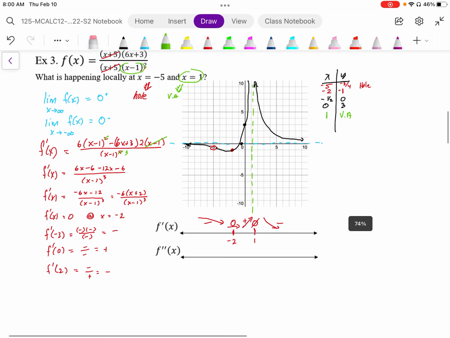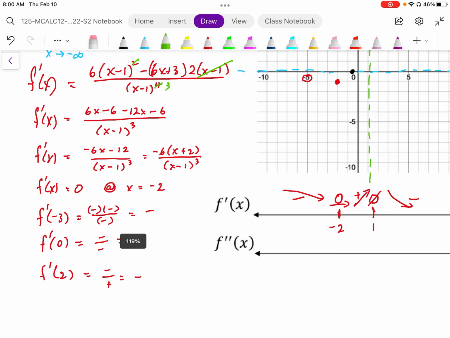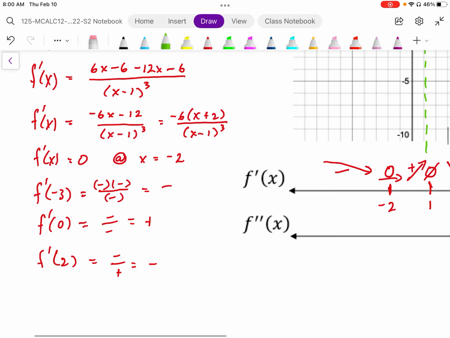Okay, so let's differentiate this one more time. So my second derivative, okay, I'm going to keep my -6 on the outside when I differentiate this. So I'm going to end up with 1 times (x minus 1) cubed minus (x plus 2) times 3(x minus 1) squared.